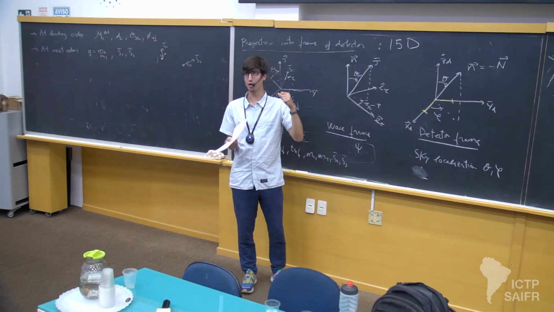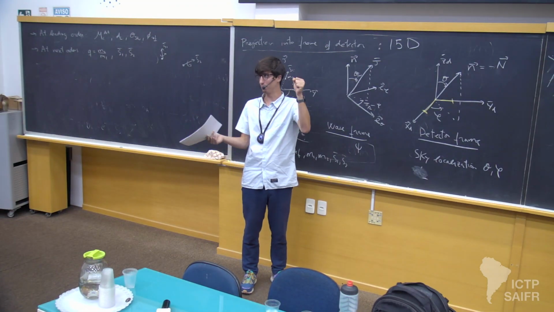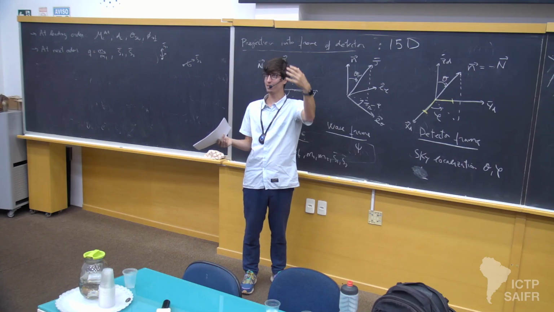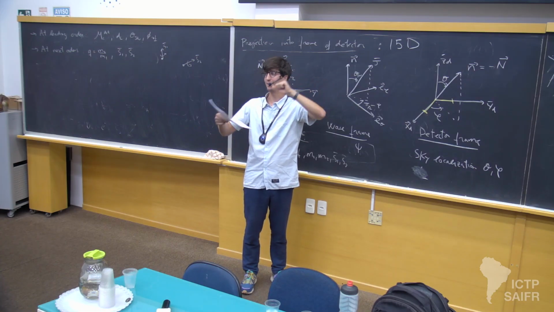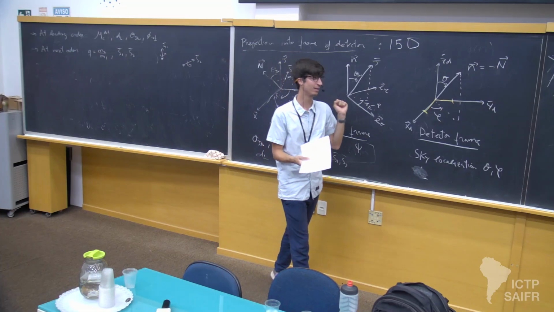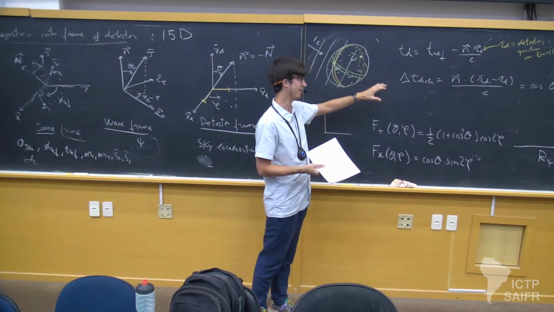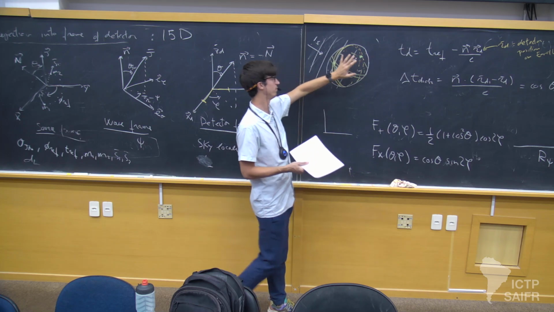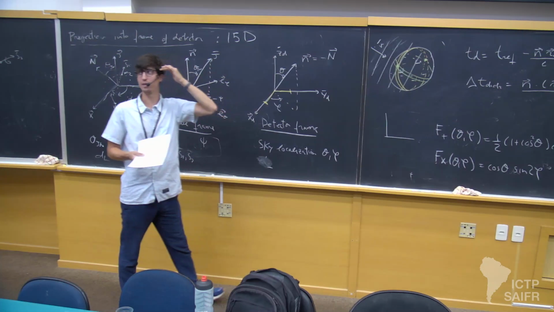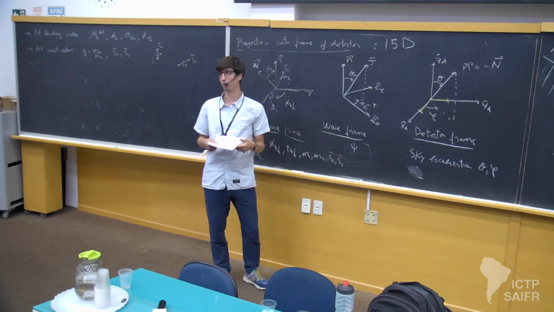For example, if you have a signal with asymmetric masses, it is going to generate multiple frequency modes, and each of these modes depends differently on the inclination. So you could actually improve some of these things if you have signals which are a bit more complex.